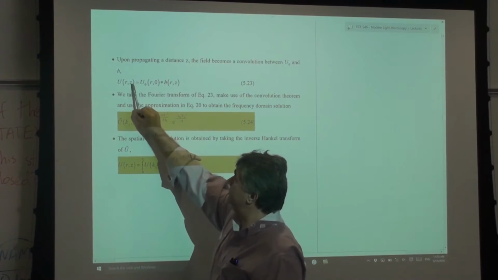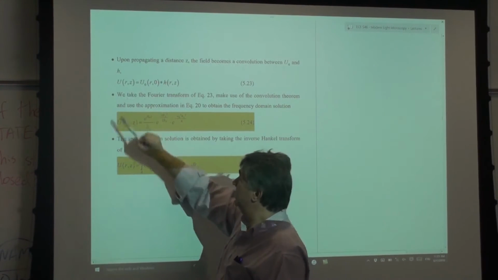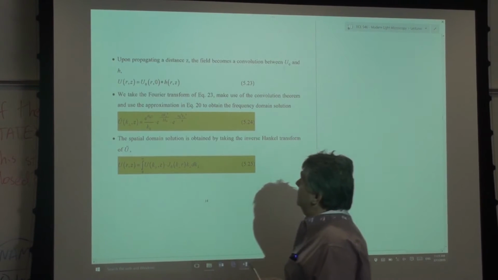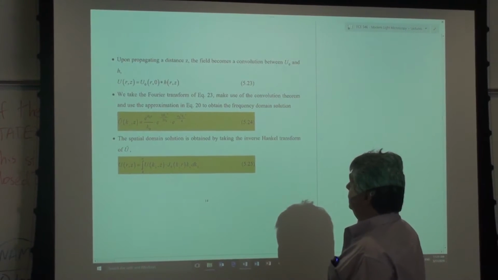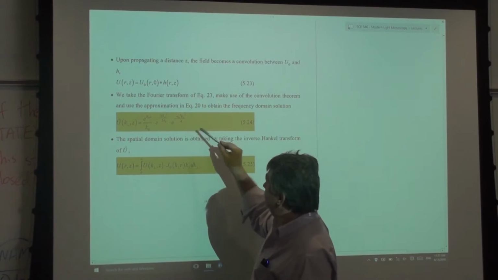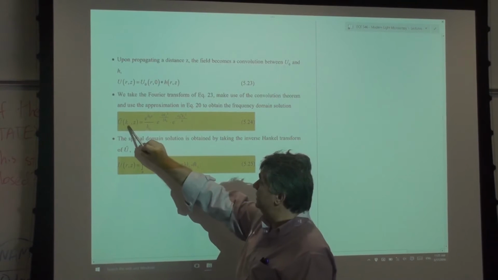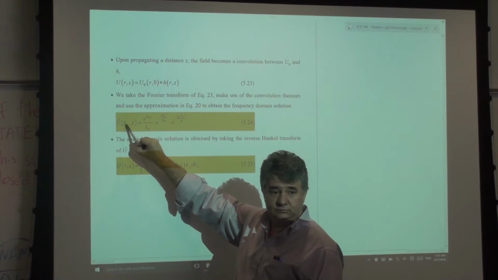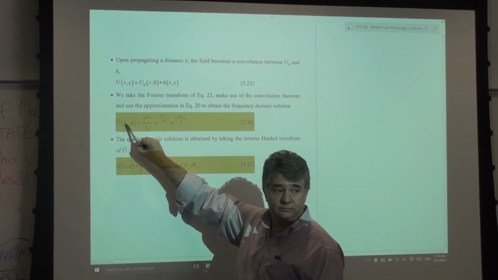I want to figure out the field at a distance Z. So I need to do this convolution. And in order to do that, it's better to use the K-perpendicular approximation. Because that becomes a product.